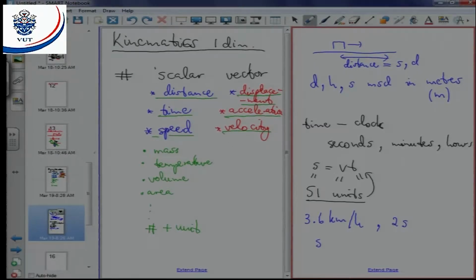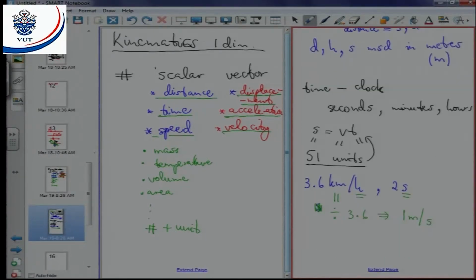You can see that here there's no match: the time is in seconds and the velocity is given in kilometers per hour, so we need to convert kilometers per hour to SI units. To go from kilometers per hour to meters per second, we just divide by 3.6, and then you get that the car goes at 1 meter per second.